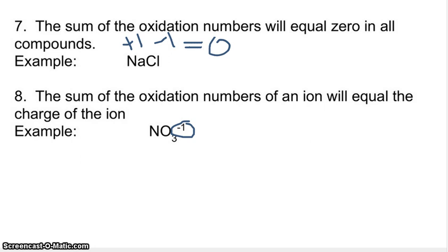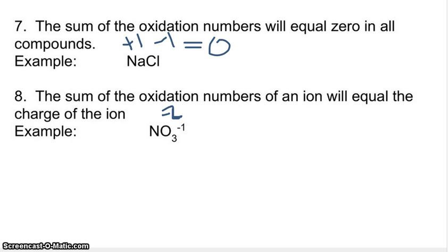If we look at the rules we have just written down, we know that out of the rules we wrote, oxygen will always have a -2 unless it's with fluorine, and it's not with fluorine. So that means oxygen is a -2 oxidation state in this ion. Okay, let's look at how many of those we have there.